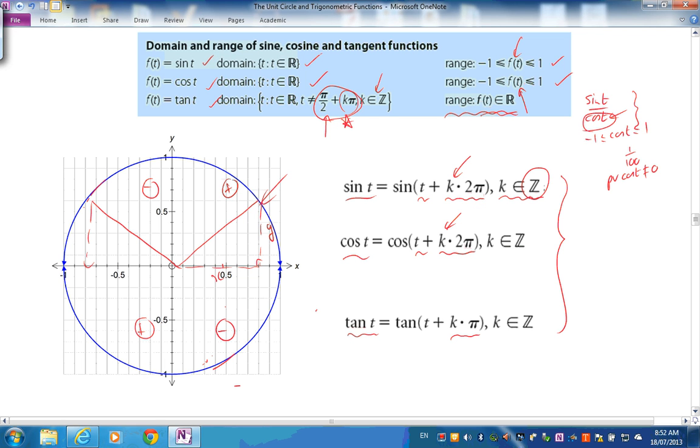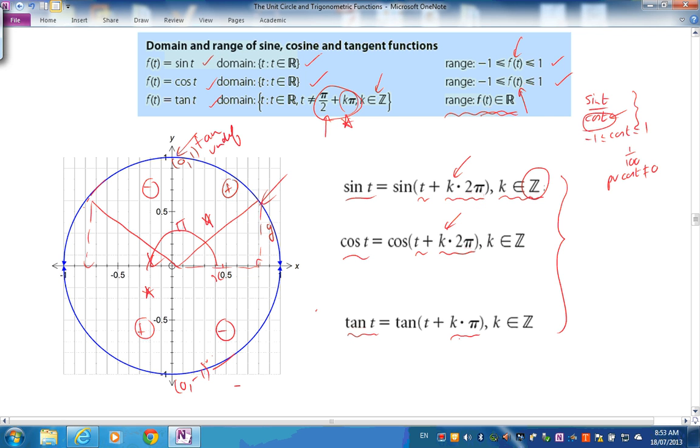So can you see, as we go round here, the ratio is going to come back to the same value here as what it is here. So it's got a period of only pi before it repeats itself, including the point where it is undefined. Tan is undefined at pi on 2, because you're dividing by a cosine which is 0, and then the same thing is going to happen down here, pi later.